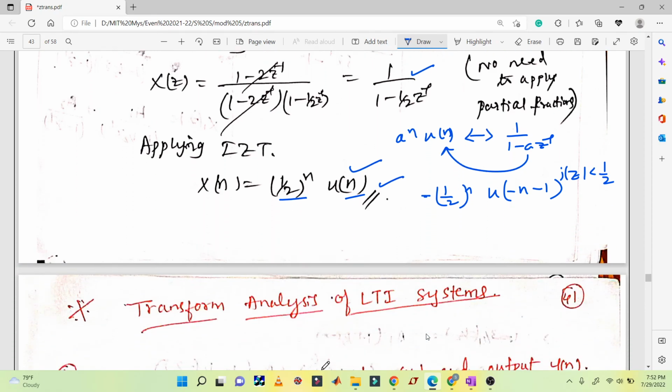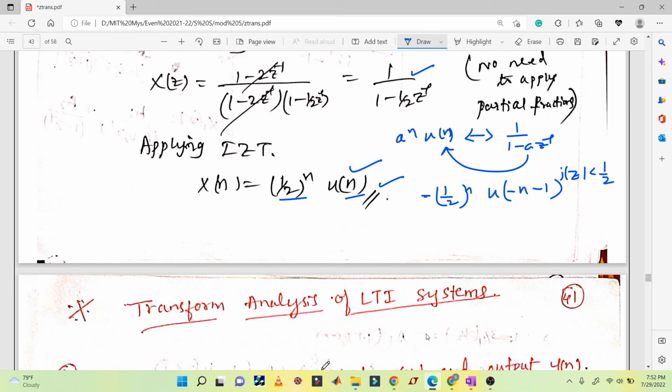Is that clear? In the next 1 or 2 classes we will complete the Z transforms, that is transform analysis of LTI system. Inverse Z transform is finished here. If you want to solve more problems, as I have already told, I will share the notes from the textbook that you can refer. Already every kind of Z transform problem I have solved, inverse Z also, Z transform also.